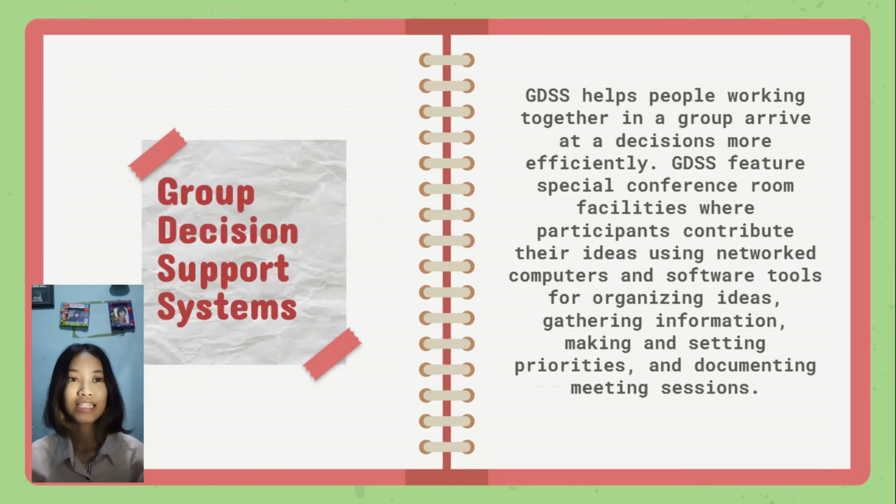Also, GDSS helps people working together in a group arrive at decisions more efficiently. GDSS features special conference room facilities where participants contribute their ideas using networked computers and software tools for organizing ideas, gathering information, making and setting priorities, and documenting meeting sessions.